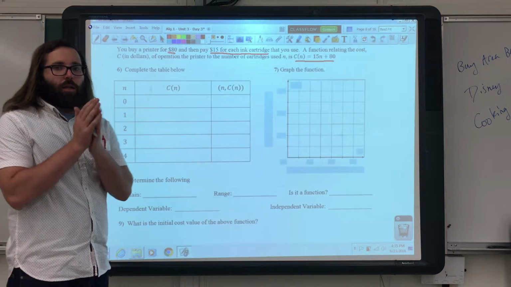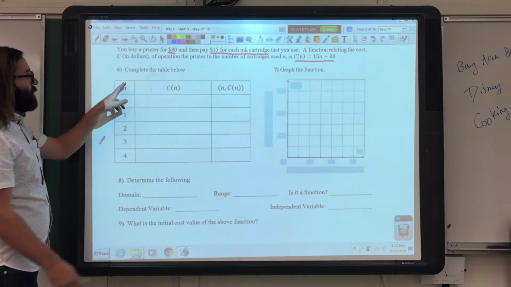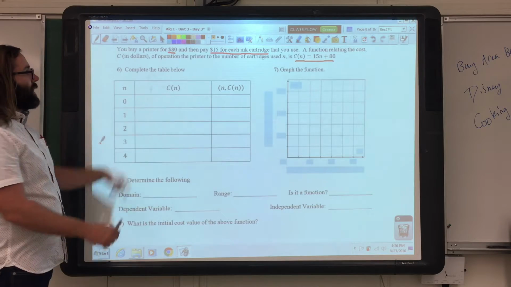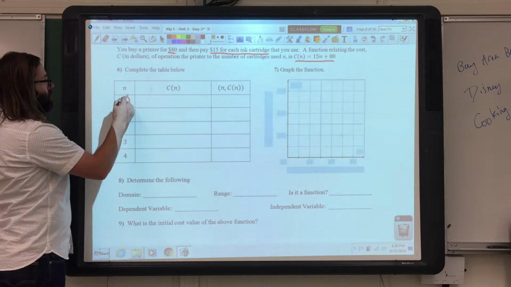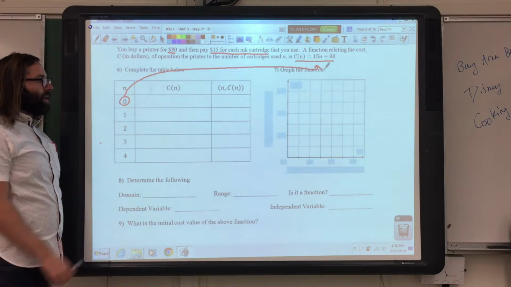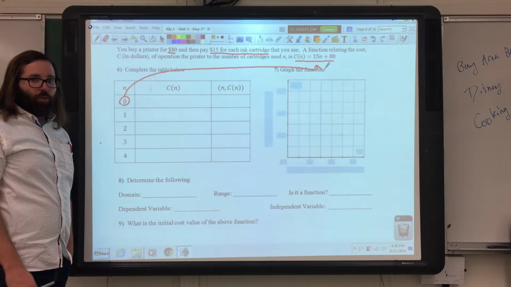All right, so let's go over this. We have our number of ink cartridges, and we have to plug in right there. So what is 15 times 0 plus 80?